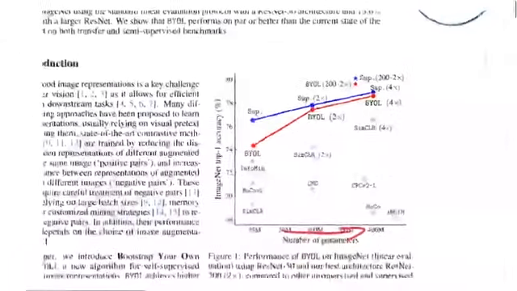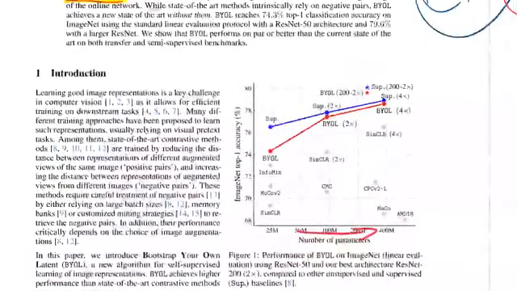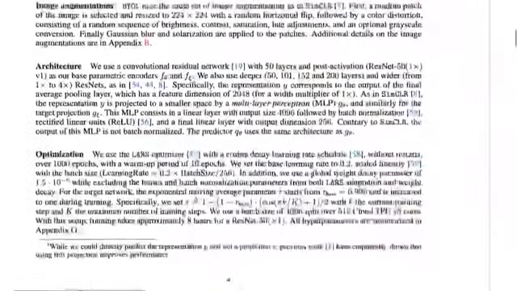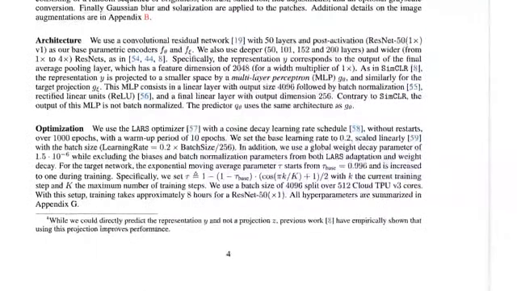All they show is that their numbers are good, which is cool, right? And it's cool that you don't need the negative samples anymore, and it actually doesn't collapse when you do that kind of stuff. But there's a lot of, I don't know, there's a lot of things here.